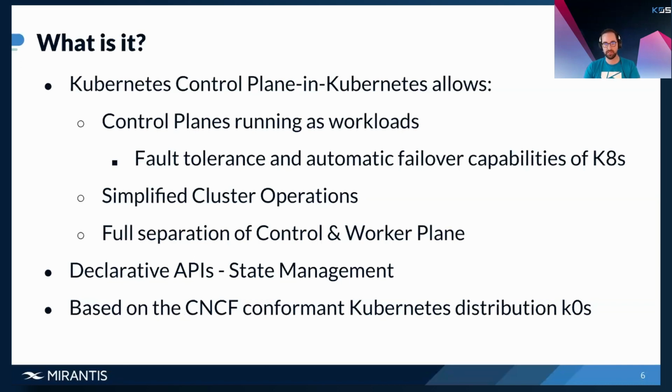So k0smotron is a management cluster, and for any other Kubernetes cluster that you want to run, you can create control planes as a workload running in that management cluster, which allows fault tolerance, can leverage the automatic failover capabilities of Kubernetes, and simplifies cluster operations. Because if you talk to this control plane of a specific cluster that you've created, you're talking directly inside of your management cluster.